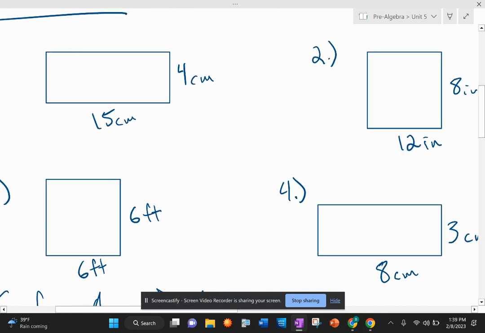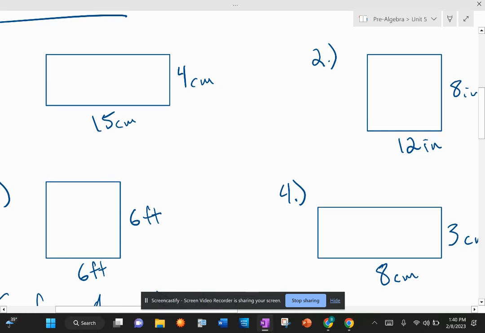Okay, number one. If we're doing length times width, Noah, what do we need to multiply together on number one? 15 and 4.